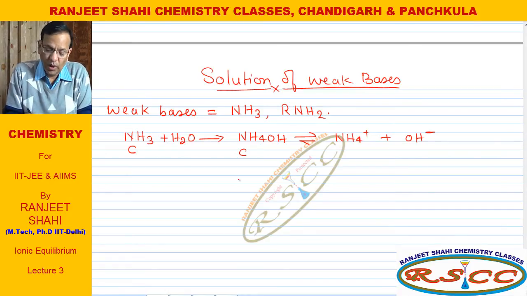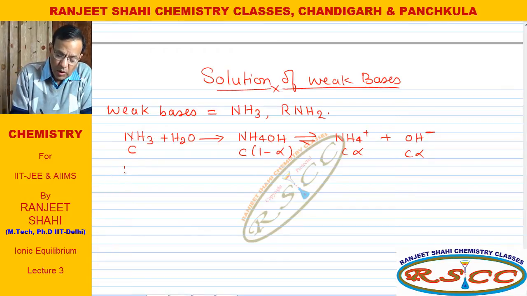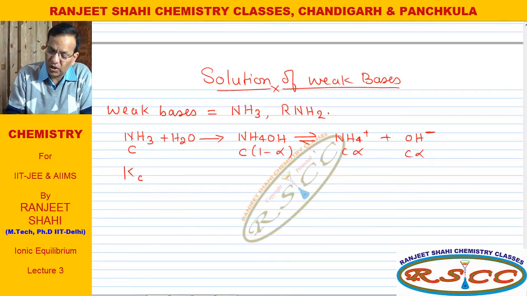Now, repeating the same procedure as in case of weak acid, if alpha is the degree of ionization of this weak base, C into 1 minus alpha will be equal to C alpha, C alpha. Now, if we define an equilibrium constant Kc for this ionization process, it will be equal to concentration of ammonium ion into concentration of hydroxide ion upon concentration of ammonium hydroxide.